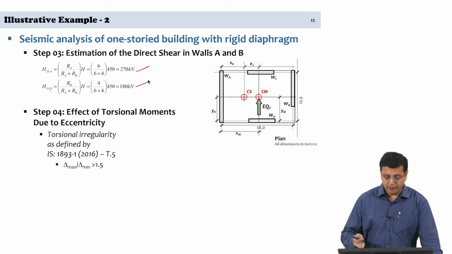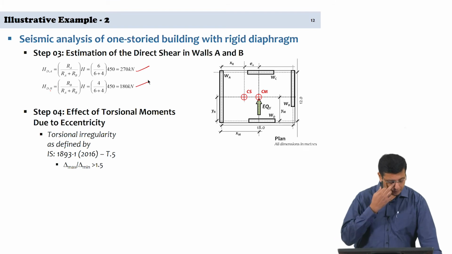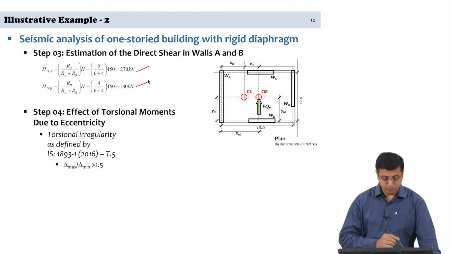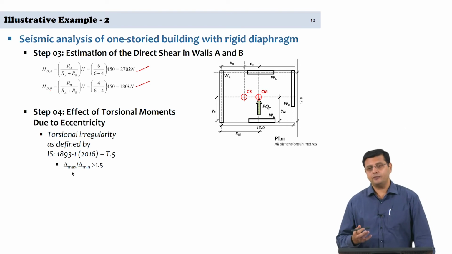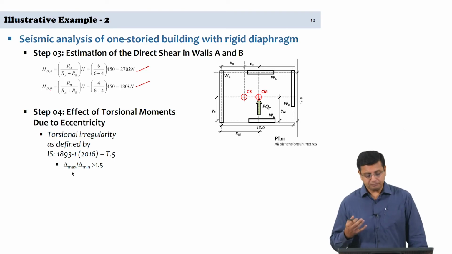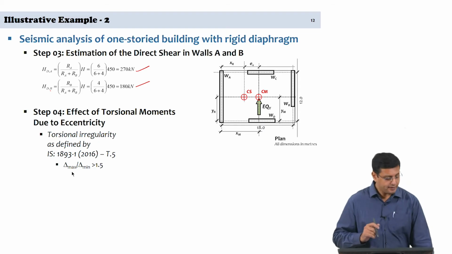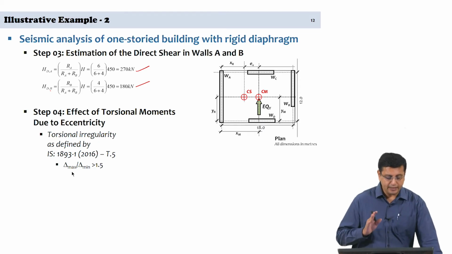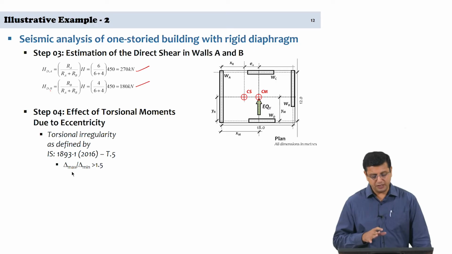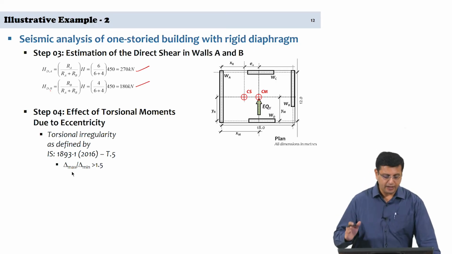We will make an estimate to check if this building is torsionally irregular, but to be able to estimate what the drift is, we need an initial estimate of the shear force acting on wall A and wall B. So, we need to make an initial estimate of the torsional shear and then the total shear due to a combination of the direct shear and the torsional shear.